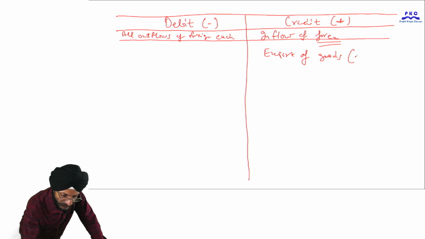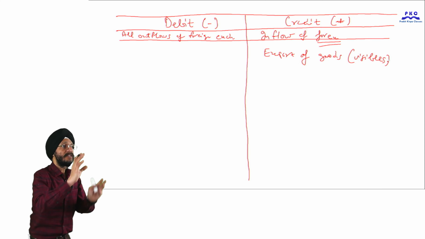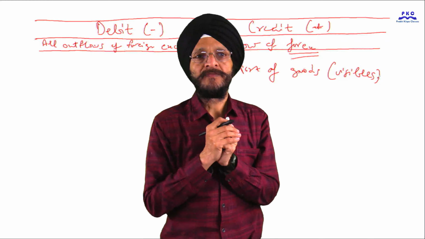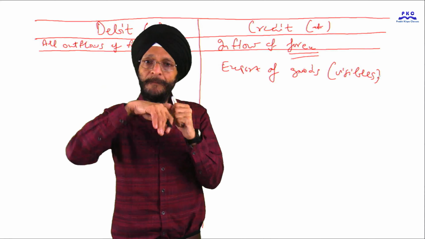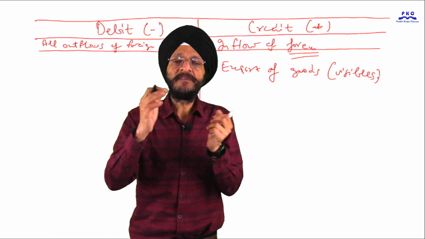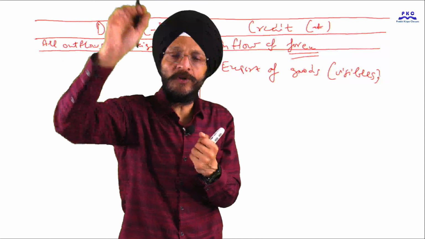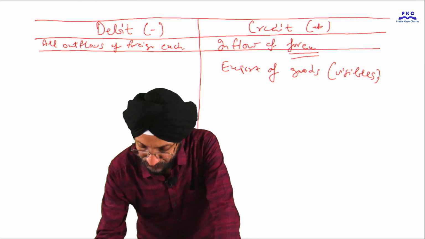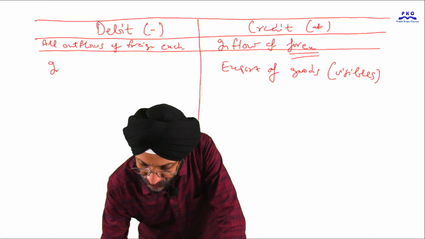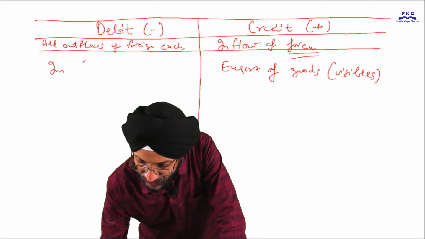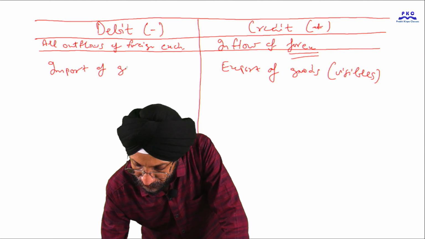Goods can also be called visibles because goods can be seen, touched. If we import, what will it mean? Import means we will have to pay foreign exchange. So here it will result in outflow of foreign exchange, import of goods.